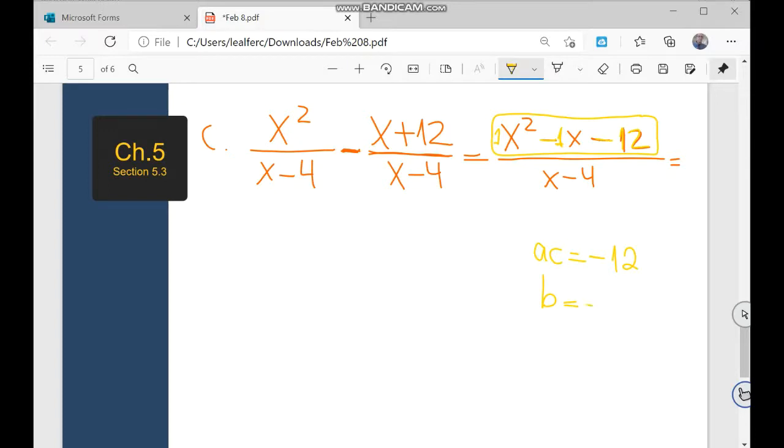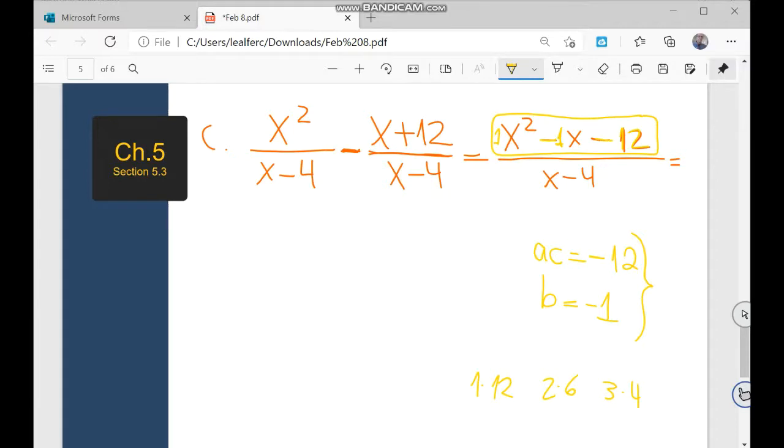b equals negative 1. You need to find two numbers that multiply to 12 and, if we add them, give negative 1. So think about the numbers that you can multiply to find 12: 1 times 12, 2 times 6, and 3 times 4.